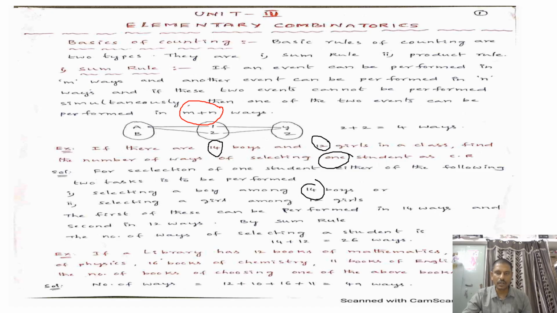And how many girls are there? 12 girls. So one girl can be selected in 12 ways. So the total number of ways is 14 plus 12, which equals 26.